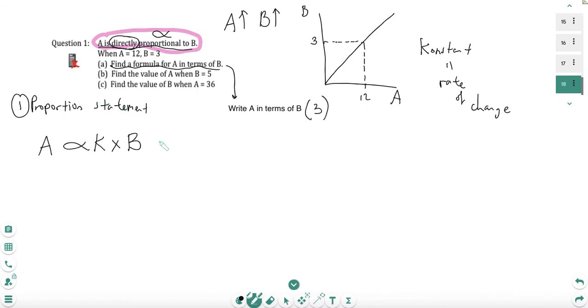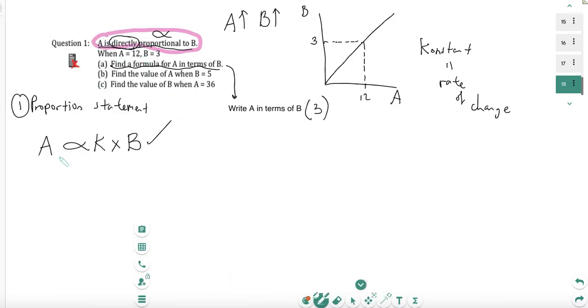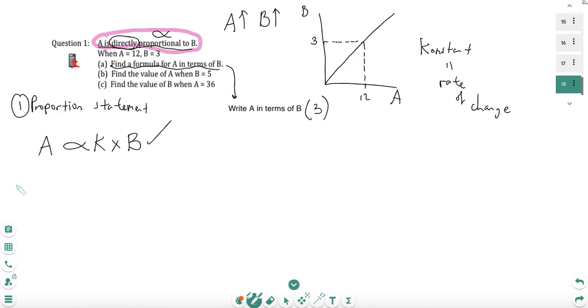Proportion statement, 1 mark. Step 2. We have to plug in the values and solve K. We know when A is 12, B equals 3.